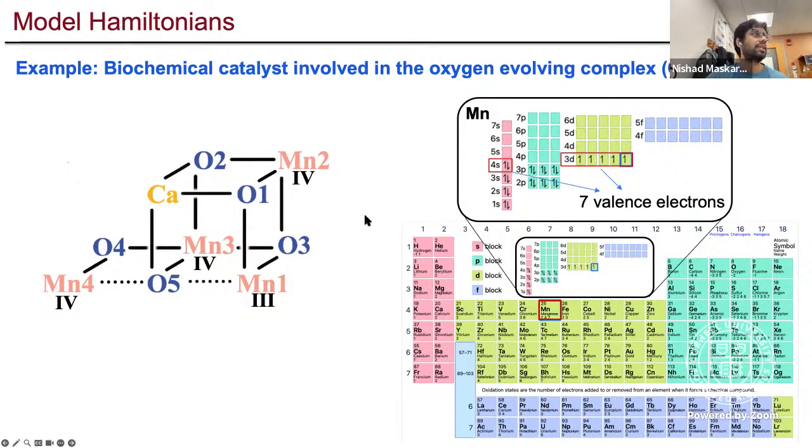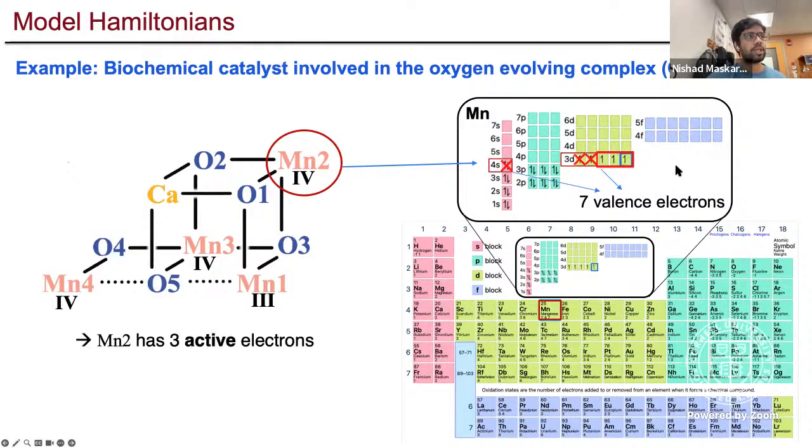In the actual molecule, you see the manganese is paired up with some of its neighbors. In this particular example, it's paired up with 3 oxygens. So some number of these valence electrons are going to form essentially bonding orbitals with these adjacent neighbors, while the remaining valence electrons are going to be unpaired and are going to form the active degrees of freedom at low energies.